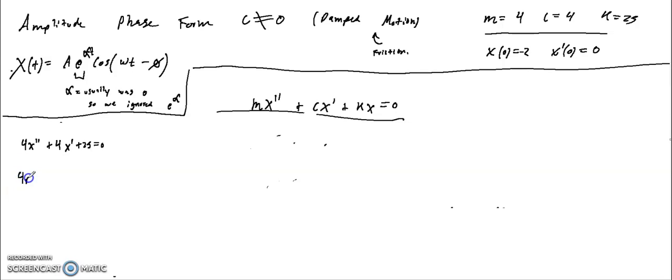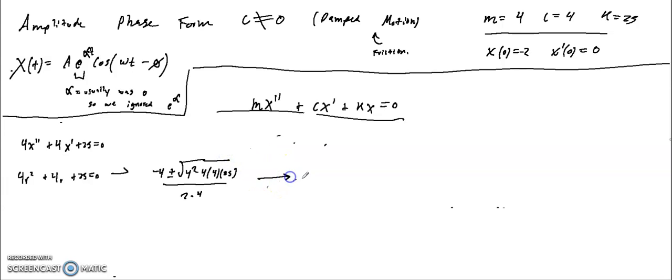So we have 4r squared, just doing some factoring, plus 4r plus 25 equals 0. And, well, this doesn't factor nicely, so we're going to have negative b plus or minus the square root of b squared minus 4ac, all over 2a.